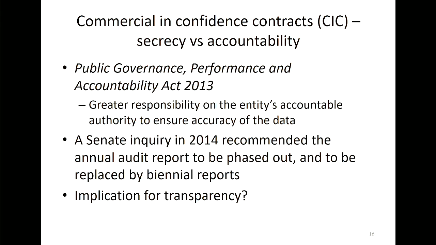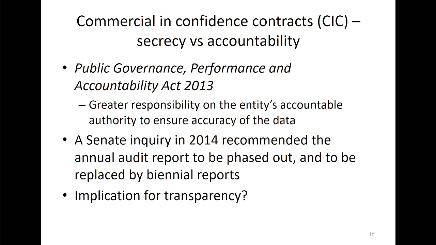So there are implications for transparency and also accountability. The Public Governance, Performance and Accountability Act puts responsibility on the entities' accountable authorities. Accountable authorities refer to the head of a department or an executive board.